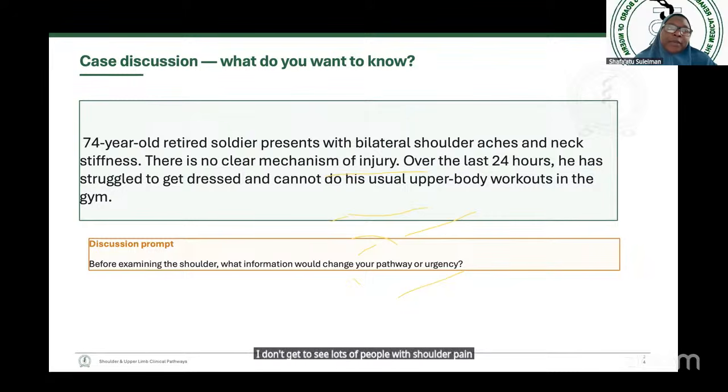Most shoulder pain I saw back then was people with stroke coming in with shoulder pain. But here we see a lot of shoulder pain. That's just one thing I realized, comparing to my practice back home.